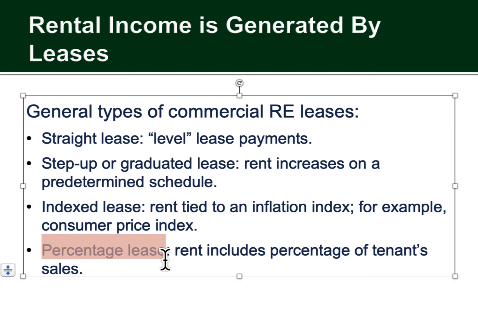So if the tenant is an ice cream shop and they sell more ice cream in a month, their rent is a little higher that month because maybe their percentage component of the lease stipulates 2% of sales. So rent would be the base rent plus 2% of whatever sales are in that month. That's percentage lease. So percentage lease includes a fixed base rent amount. Usually it's kind of on the low side. And then also this percentage amount, usually a small percentage of that month's sales.